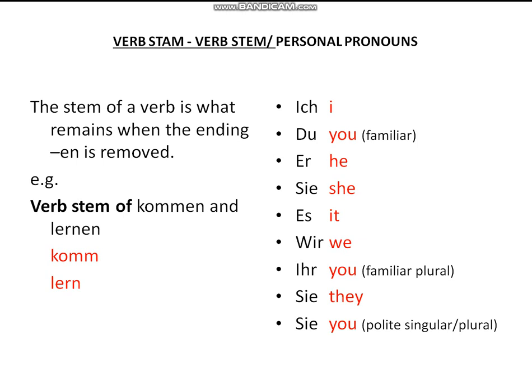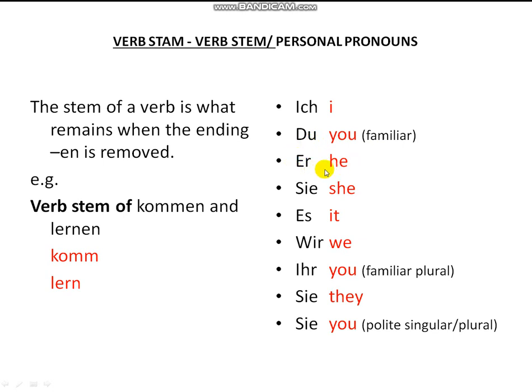As we are going to talk about later in more detail, the German language has a familiar form of address and a polite form of address. So du, which means you, is the familiar form. The familiar form is used with relatives, schoolmates, classmates, and if you are talking to small children, you use du.